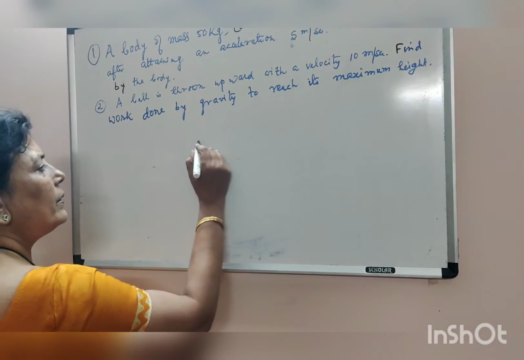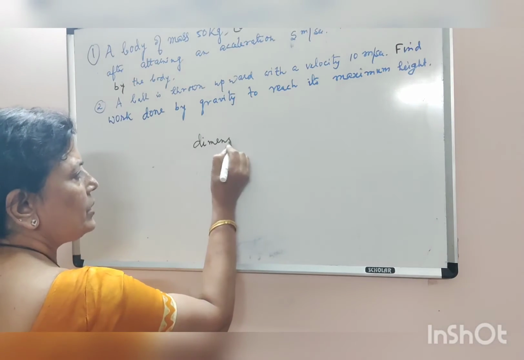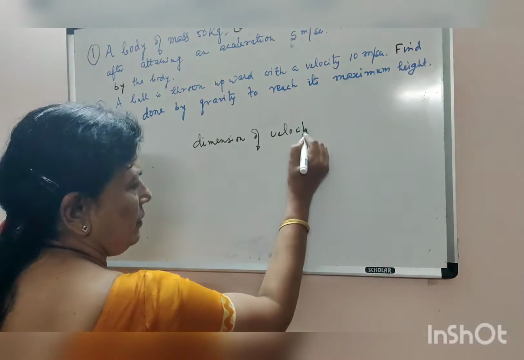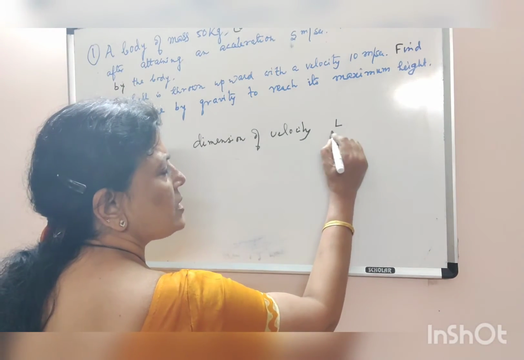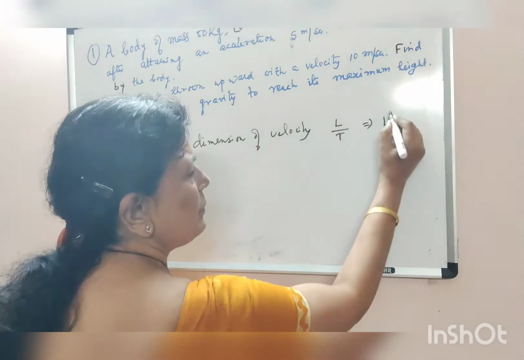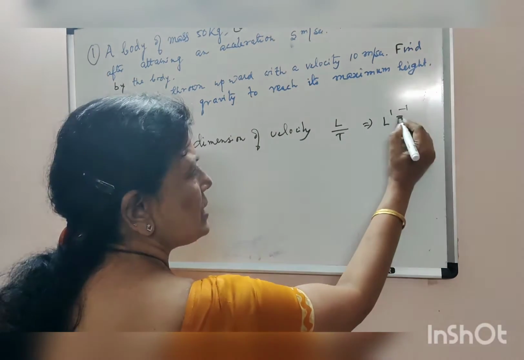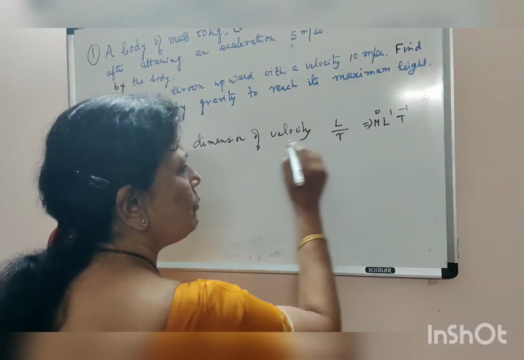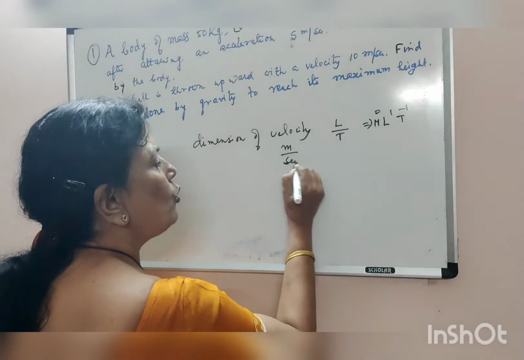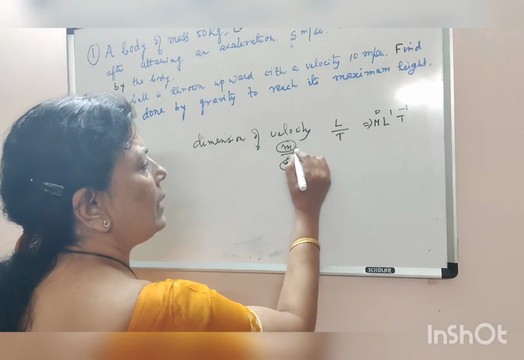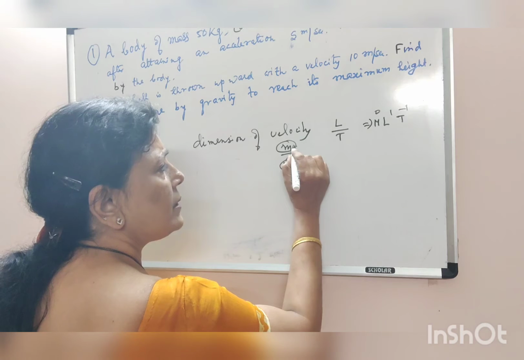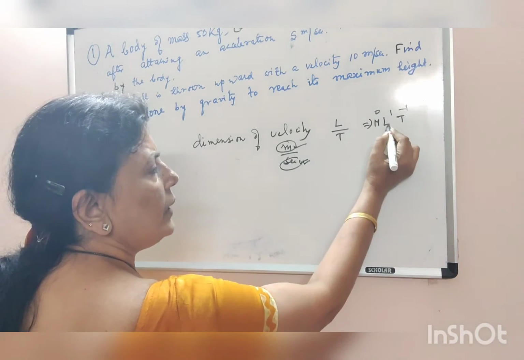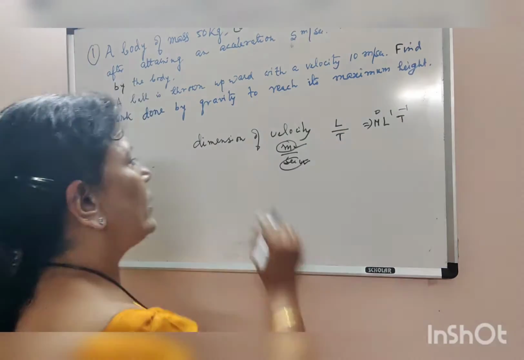As for example, dimension of velocity is distance travelled per time taken, that is L by t, or L to the power 1, t to the power minus 1 and M to the power 0, which means it has no mass. In the unit of velocity, meter per second, no mass is present. SI unit of length is meter and SI unit of time is second. So M to the power 0, L to the power 1 and t to the power minus 1 is the dimension of velocity.